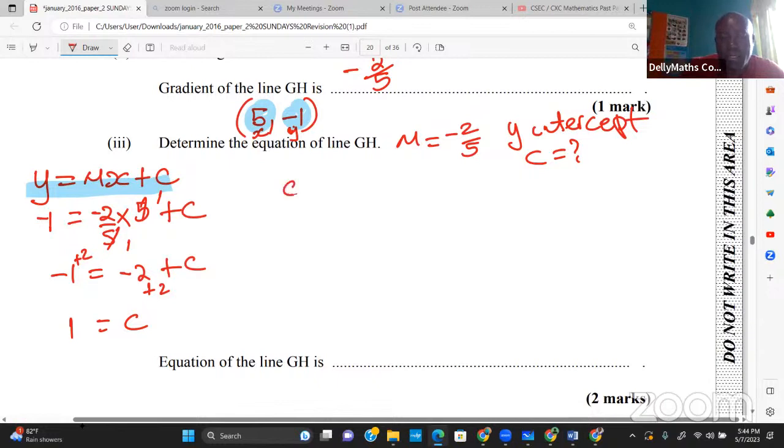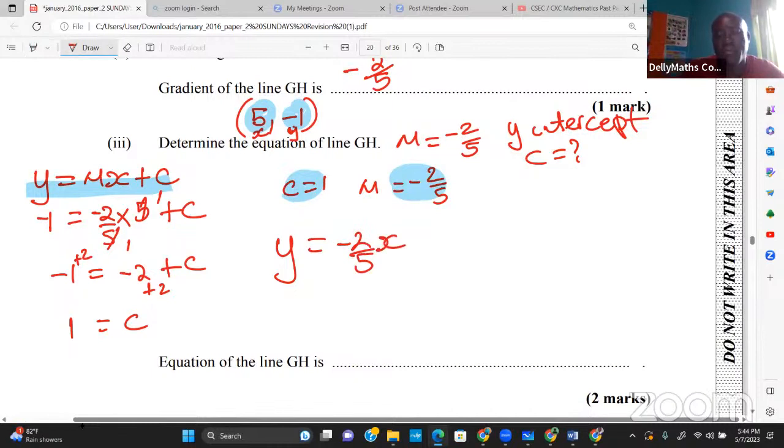So watch this. c is 1. m is equal to negative 2/5. If you have your gradient and your intercept, then you could simply say y is equal to negative 2/5 beside the x, positive 1. We're done. So that is the equation of GH.